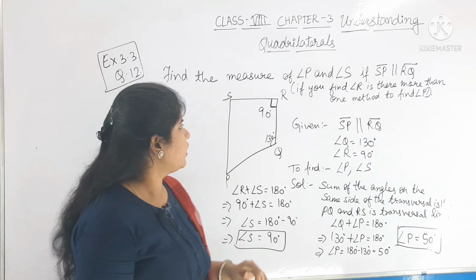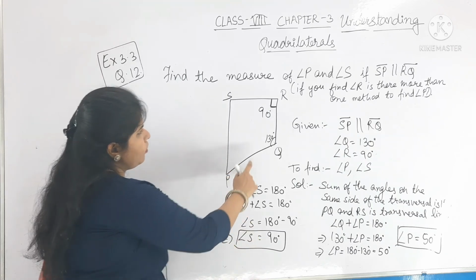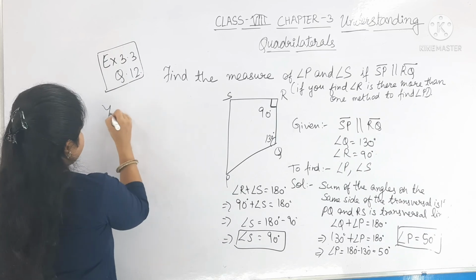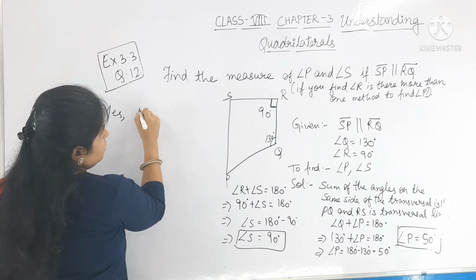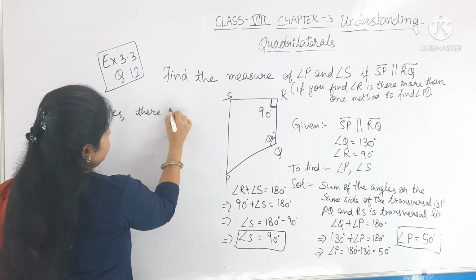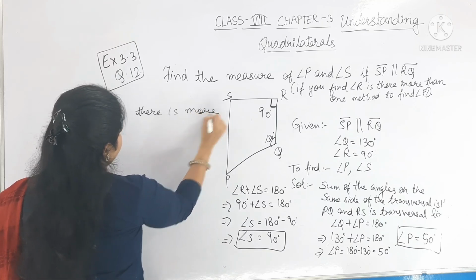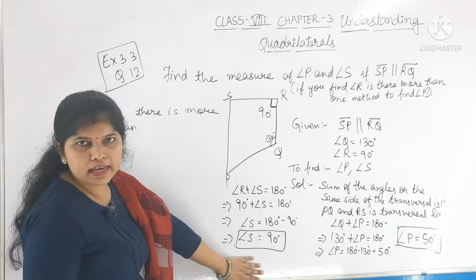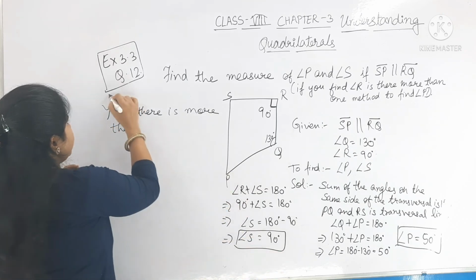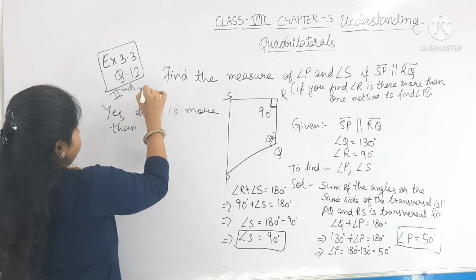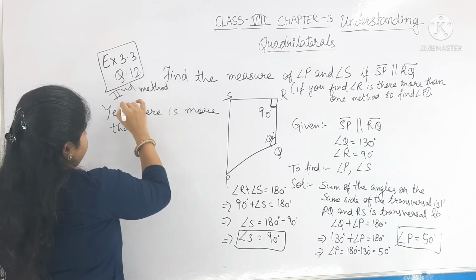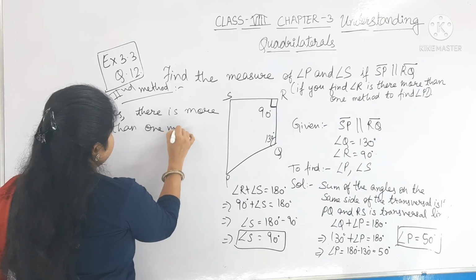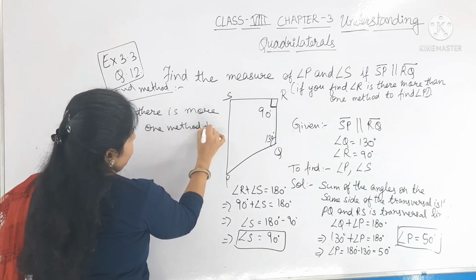We know that if we know angle R. So yes, there is more than one method. This is one method to find angle P and angle S, and I am writing here the second method.